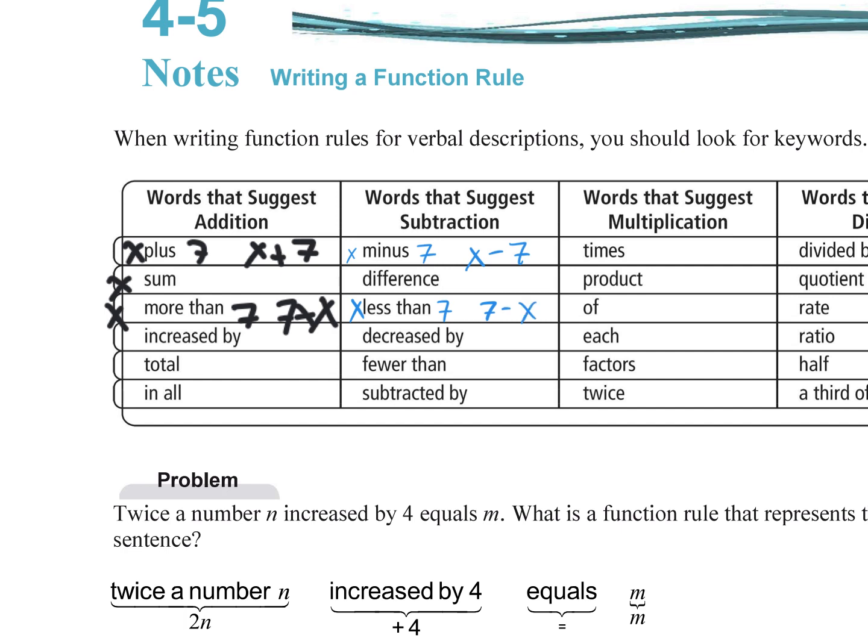Guys, the order matters, okay? Same for x fewer than 7. This would be the same as x is less than 7. Those are the ones that flip. The standard is minus. But if you have the word than, they usually end up flipping.